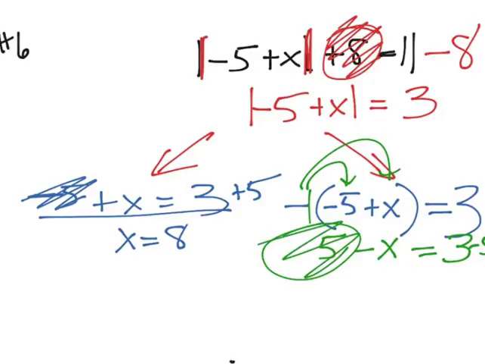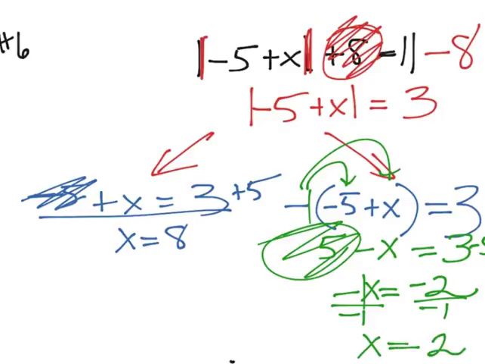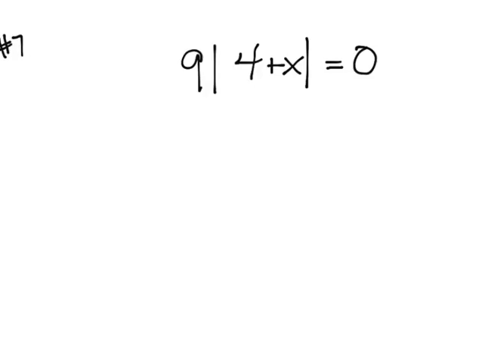So now I have negative x is equal to negative 2. Can I leave it like that? No, I can't leave it like that, can I? Okay. So I divide by negative 1, because that's what that really is, negative 1. And x equals, what's a negative divided by a negative? That's a positive 2. How are we doing?